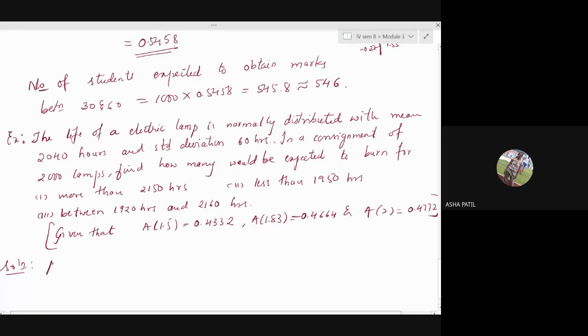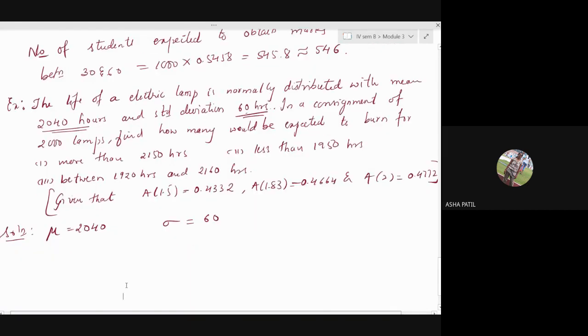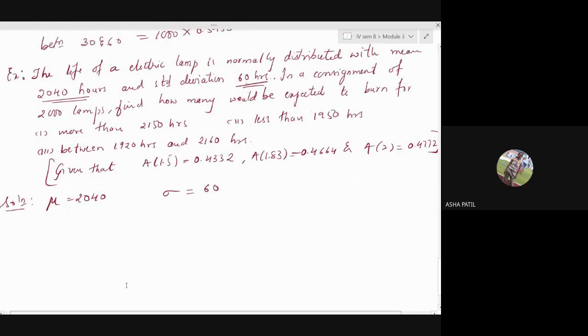So mean mu, it is 2040. Standard deviation sigma, it is 60 hours. Now, the consignment consists of 2000 lamps, that we'll do later, and we calculate the probability first. So first we have to standardize the standard normal variate. The standard normal variate z is equal to x minus mu by sigma, that is x minus 2040 divided by 60.